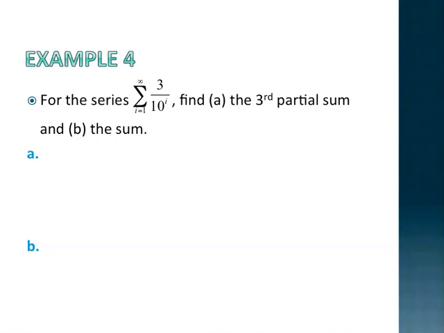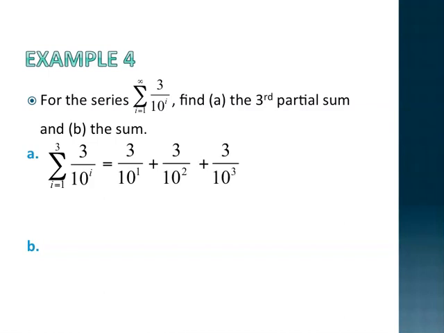The third partial sum means sum up the first 3 terms in the sequence. So really all we need to do is put our upper limit to 3 and do what we were doing in the last couple of examples. So 3 over 10 to the first plus 3 over 10 squared plus 3 over 10 cubed.